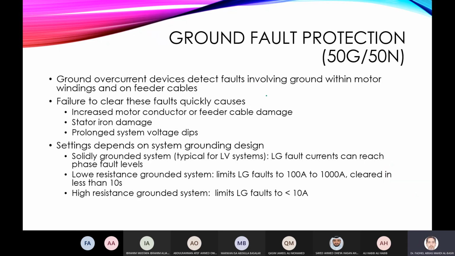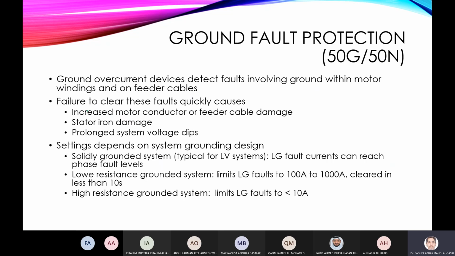To detect short circuit conditions, and act instantaneously. For ground fault protections, the 50G and 50N, so this is for all faults that involve ground with motor windings.